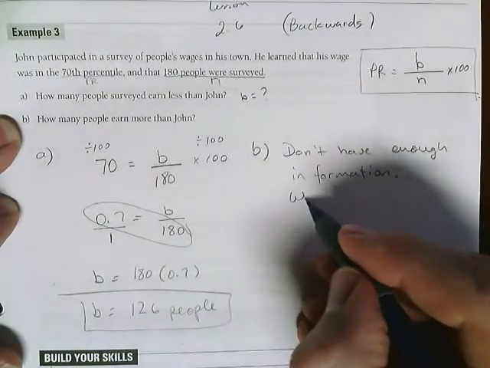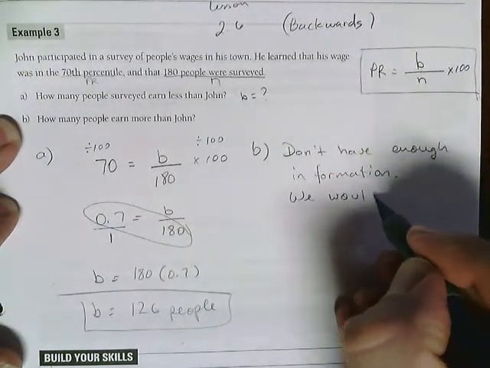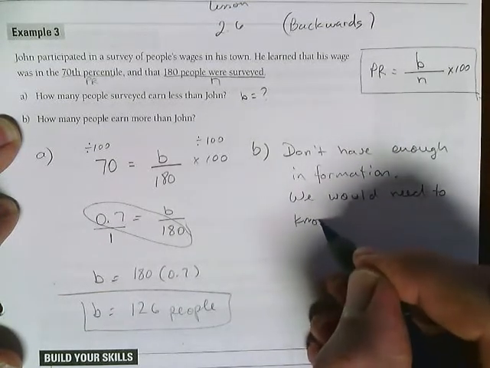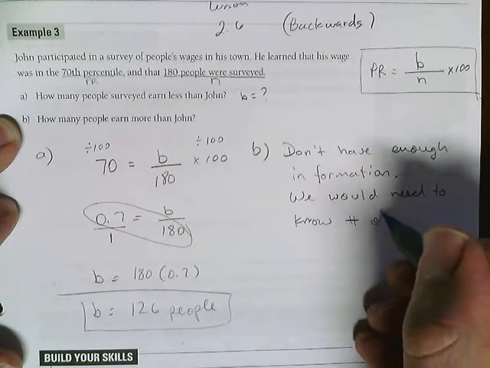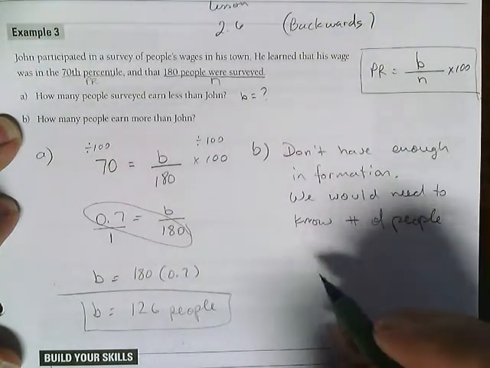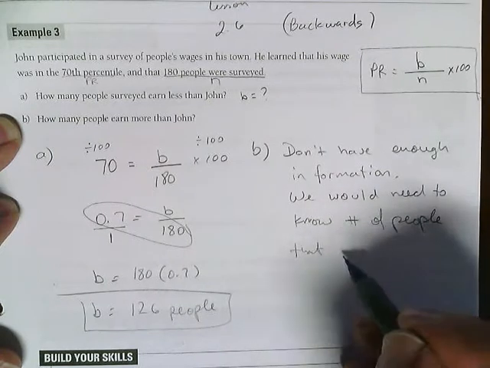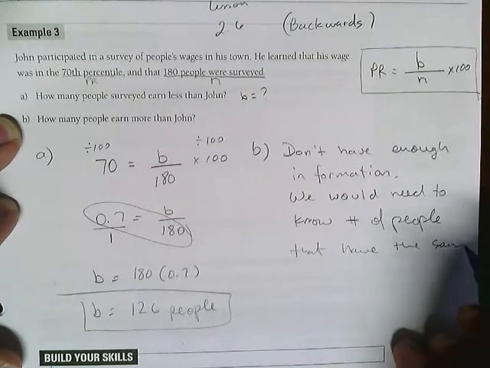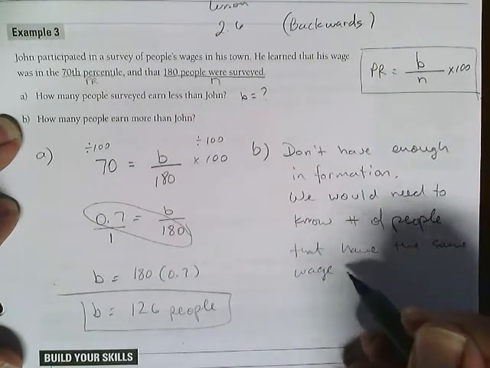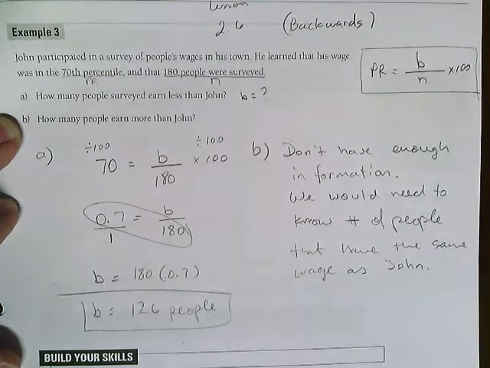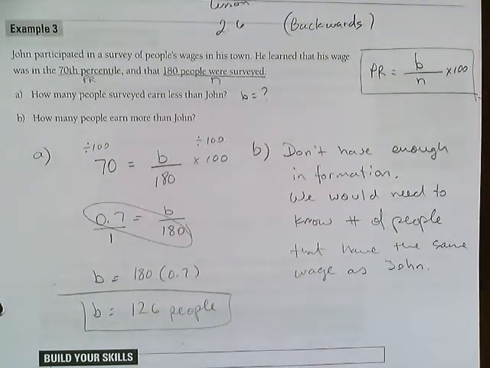Well, we would need to know the number of people that have the same wage as John. If you knew that, then you would be able to do that, but they don't give you that.